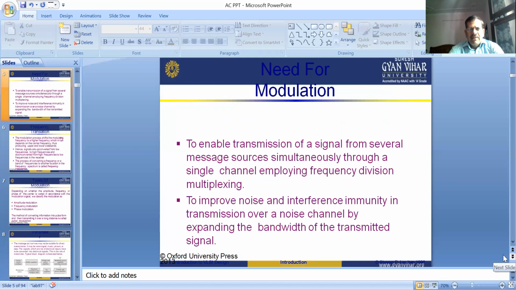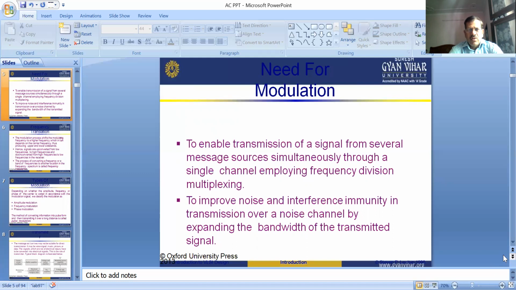Next, to enable transmission of signals from several message sources, meaning different frequency signals, simultaneously through a single channel, we employ frequency division multiplexing.